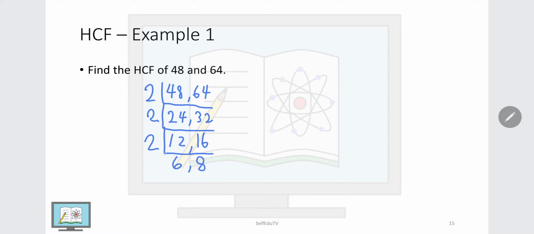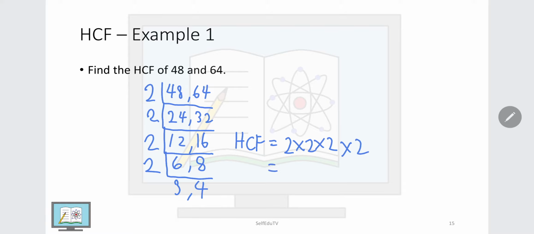So you continue. Then you cannot divide further. So the HCF will be 2 multiplied by 2 multiplied by 2 multiplied by 2, which is 16.